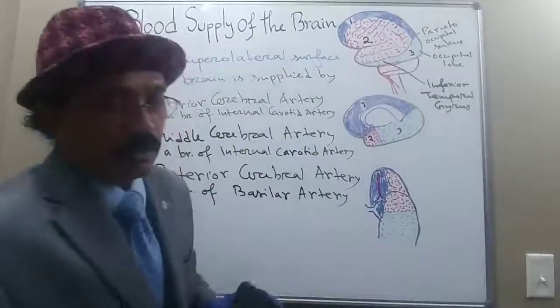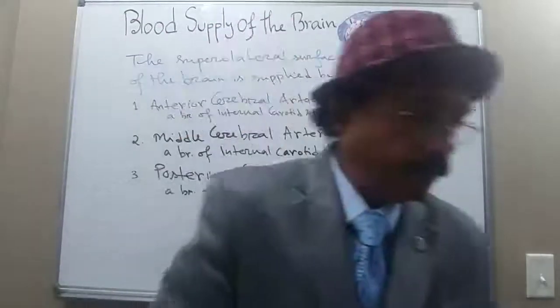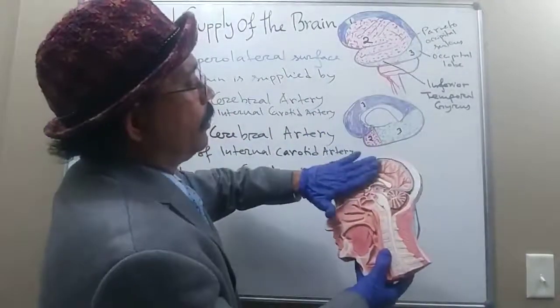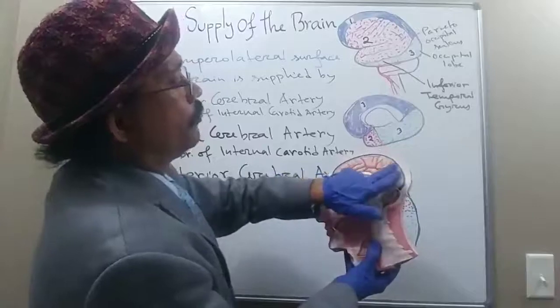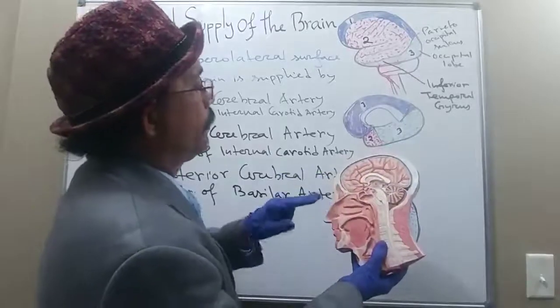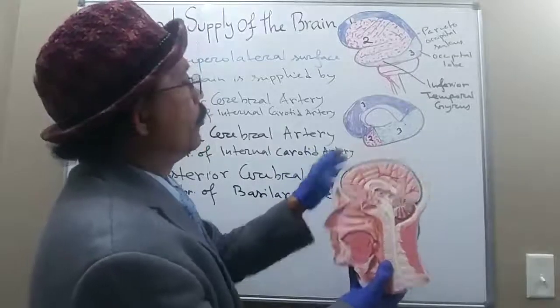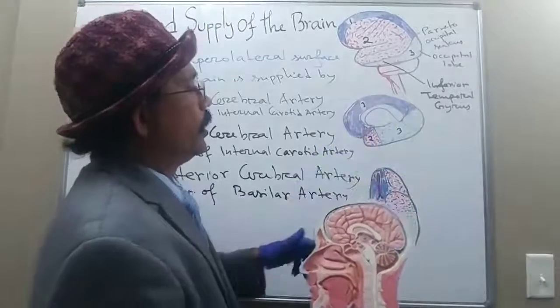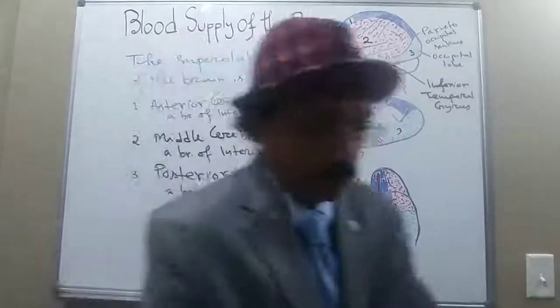So on the medial surface, again, anterior cerebral artery and posterior cerebral artery. This is not shown in the model. This part is supplied by the middle cerebral artery.